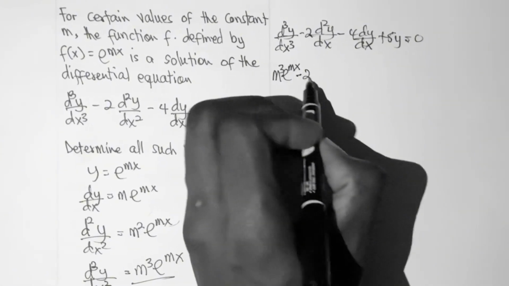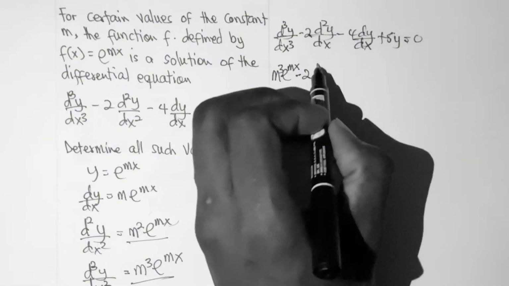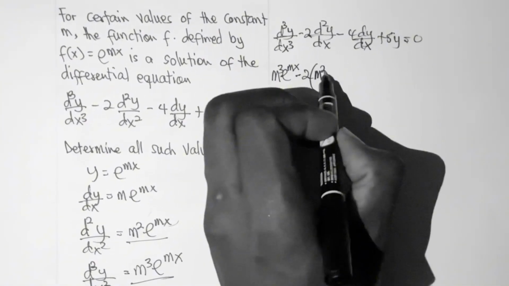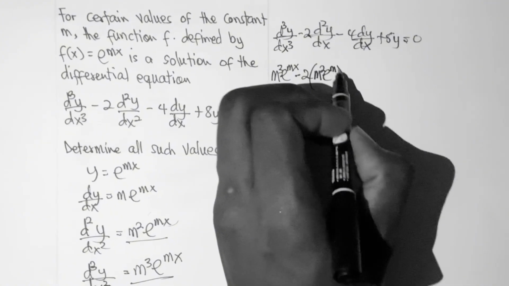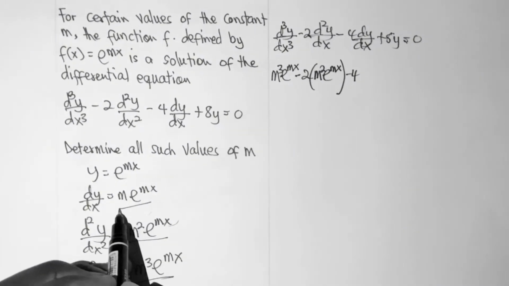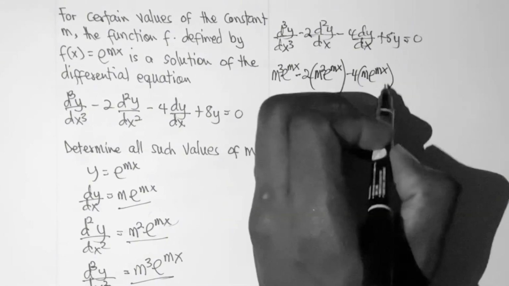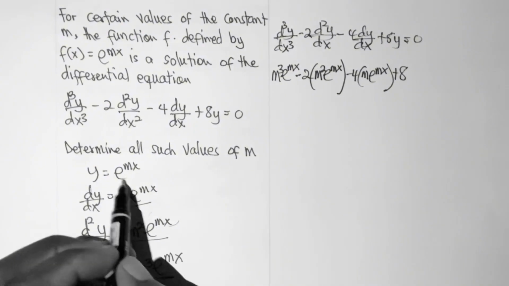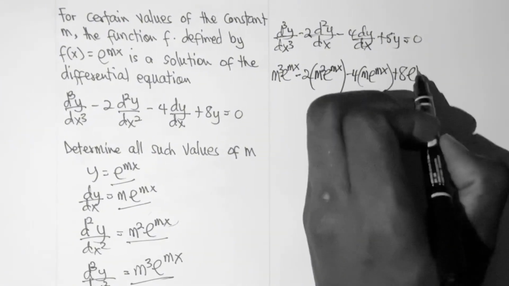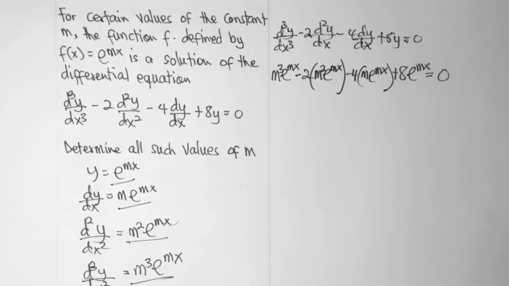Then minus 2 d²y/dx² is all of this, which is m² e^(mx). And then minus 4, this is dy/dx, m e^(mx). Then plus 8y, y is e^(mx). Then all of this is equal to 0.